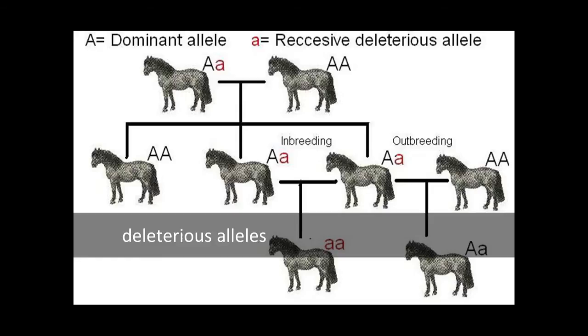So in the first generation here, you can see that two of the ponies have inherited this deleterious allele. When they are bred together, there is a chance that those deleterious alleles will be expressed homozygously, and it may be that because they're recessive, the only time that they're expressed is when they appear homozygously like this, when they're both recessive and there's not a dominant, and it may be that that has some sort of negative effect on the plant that's really going to hinder production or really going to hinder vigor.